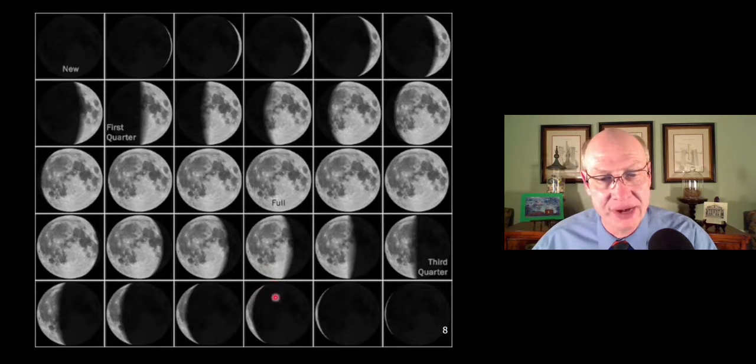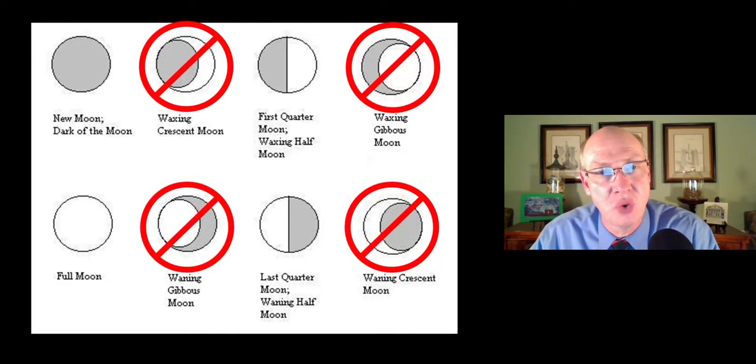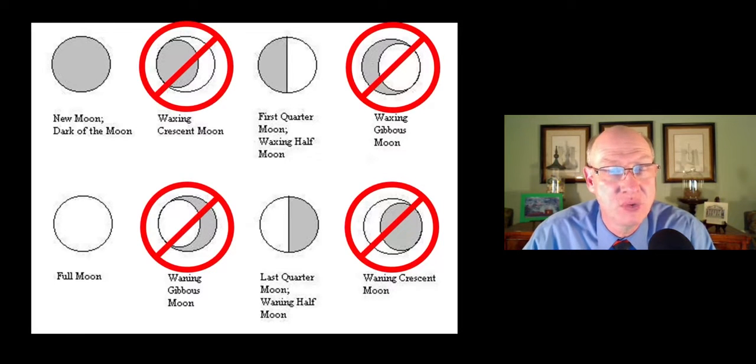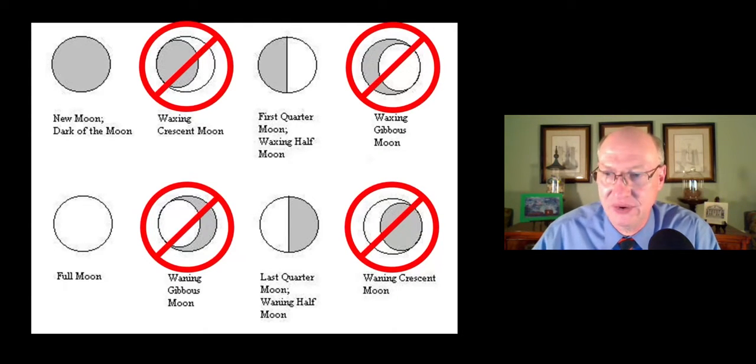At best, they go right up to the halfway mark. So just keep that in mind. It's a bit of a pet peeve of mine. Make sure that you draw the moon correctly. And the reason for that, and I think this is why it's important, is to have a physical understanding of what causes the phases of the moon. This produces a misconception about what causes the phases, and we'll get to that a little bit later on.